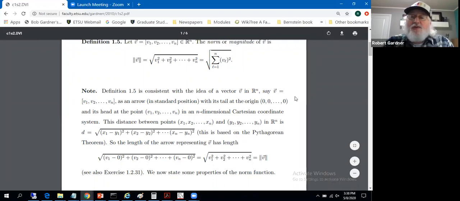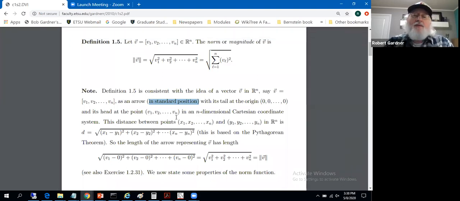This definition is consistent with the idea of a vector in Rn in standard position, that is, with its tail at the origin, and vector with components v1 through v sub n having its head at the point with coordinates v1 through v sub n, the pictures that we had in the previous section. And then we measure the distance between the origin and that point using the distance formula from Rn. If you want the distance between a point with coordinates x1 through x sub n and y1 through y sub n, two points in Rn, that distance is the usual thing.